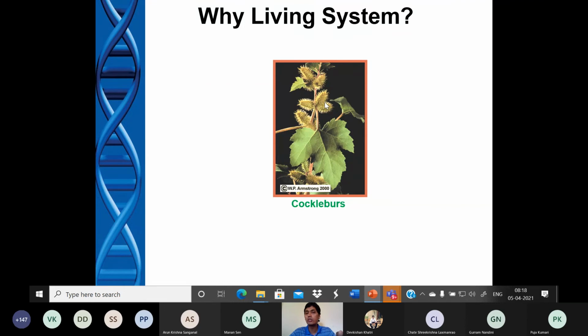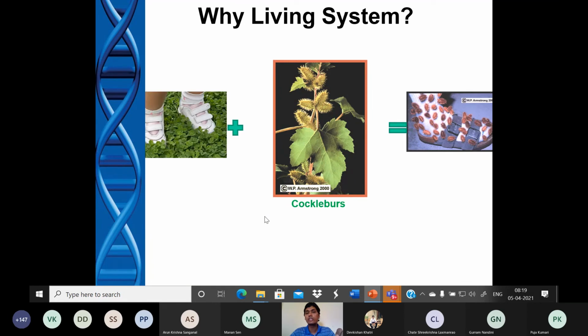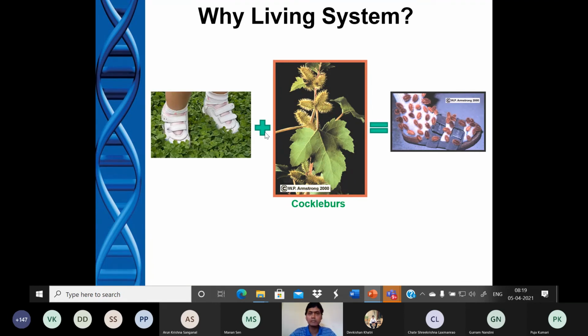Okay. So now the point is why I'm showing this. This is an example of some kind of bio-inspired discovery, and this is one of the most successful ones. So just one story I would like to tell you. If this fruit just sticks to your socks or somewhere else, it is very difficult to take it away. But what happened long time back in 1941?